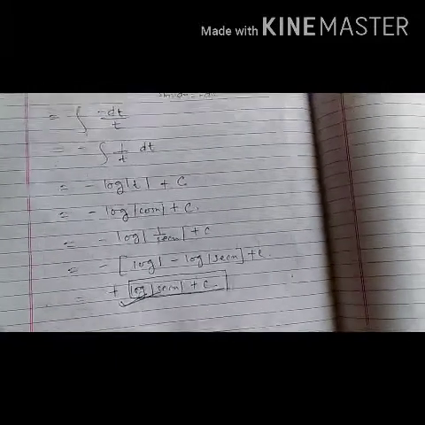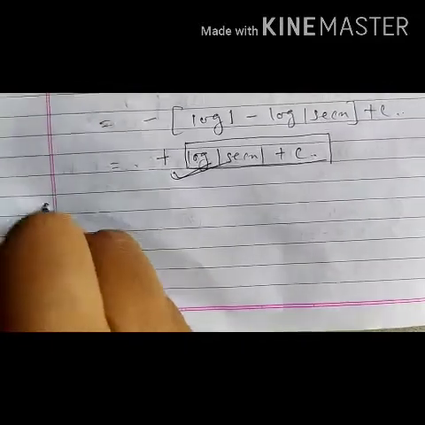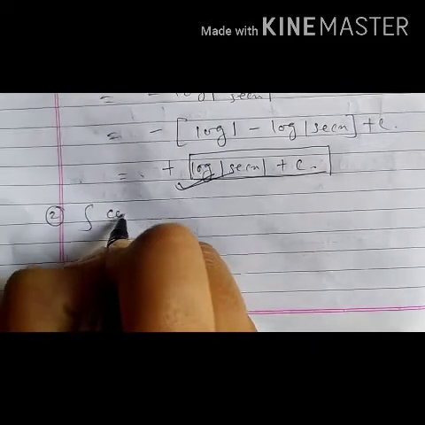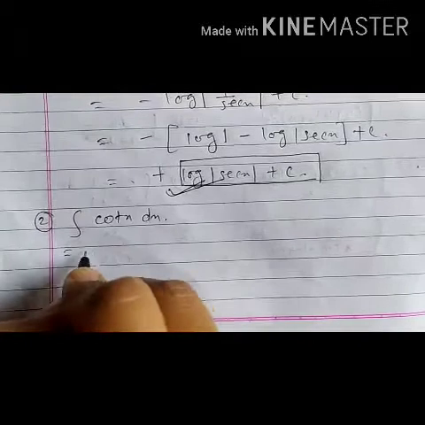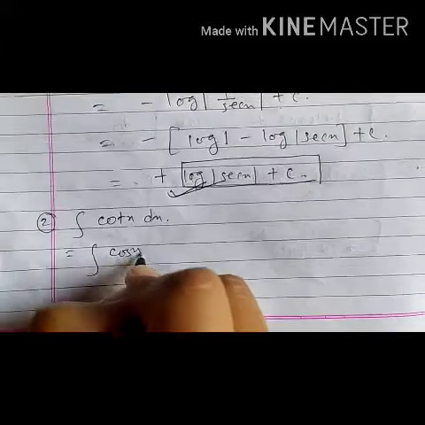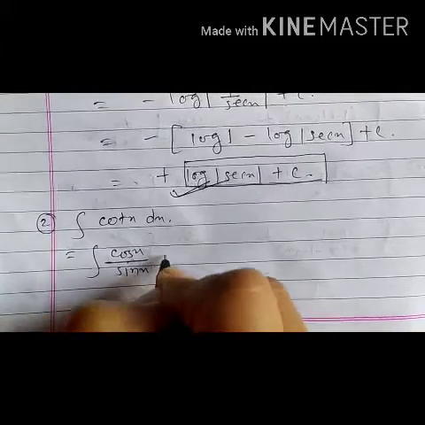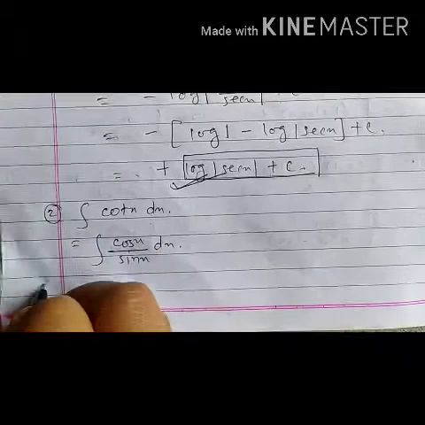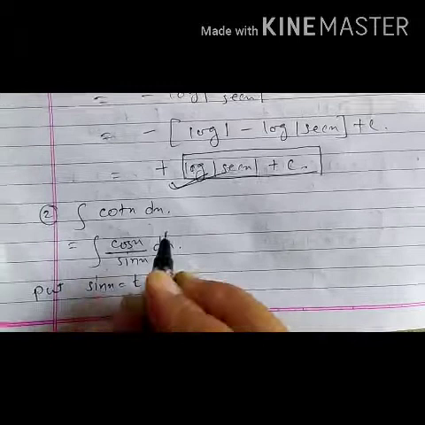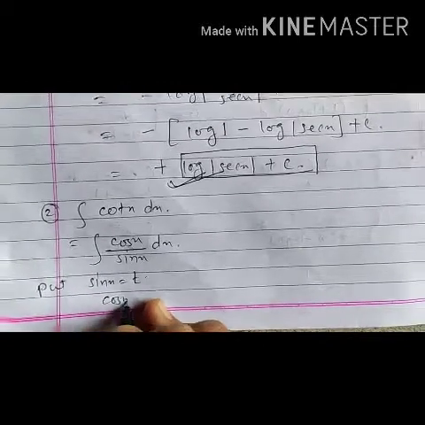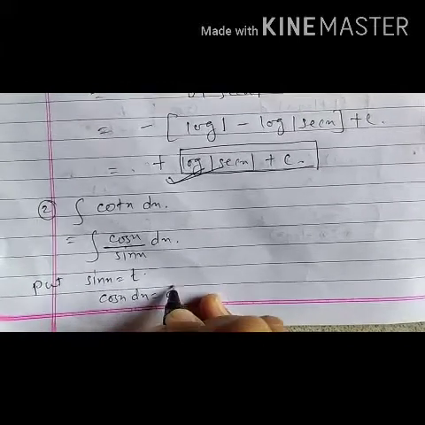Any doubt in this? The second one, integration of cot x dx. Here also we'll write cot x as cos x upon sin x dx. Now put sin x equal to t, so cos x dx equals to dt.